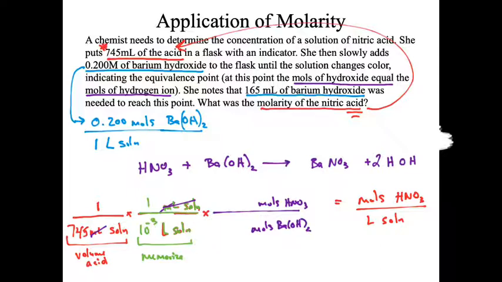Now I would need a 2 in front of the nitric acid. Is it balanced now? Why not? There's only 1 nitrate, so I would need a 2 in front of this one. But now I would need 2 bariums. And someone said it, because now I need 4 hydroxides. But now I need 4 hydrogens.